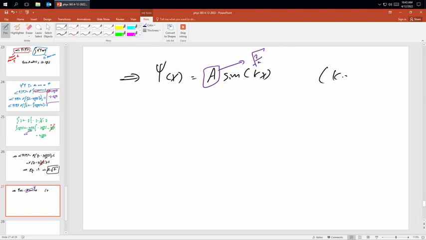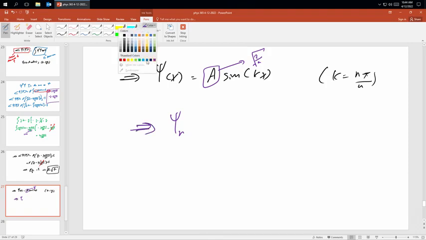Again, your k is going to equal n pi over a. That means your psi n, your eigenfunction.